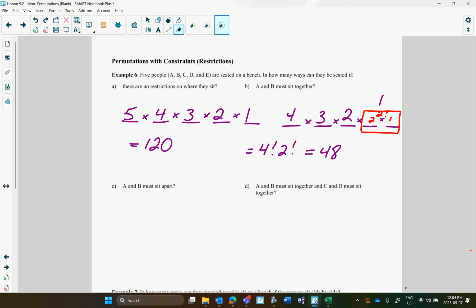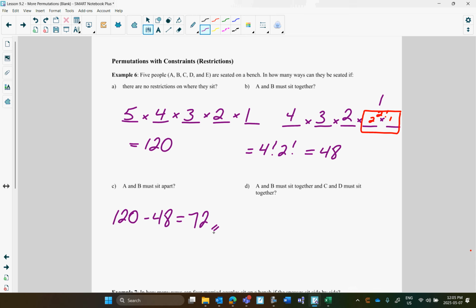How many ways can they all sit together if there's no restrictions? 48 of those ways is if A and B sit beside each other. If they can't sit beside each other, it's 120 minus 48, which gives us 72.